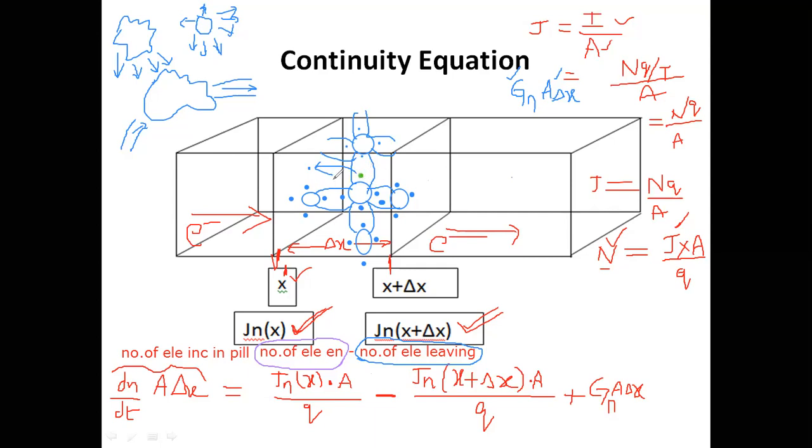A free electron, already available in this pillbox, may recombine with a hole. Means there is one electron here.